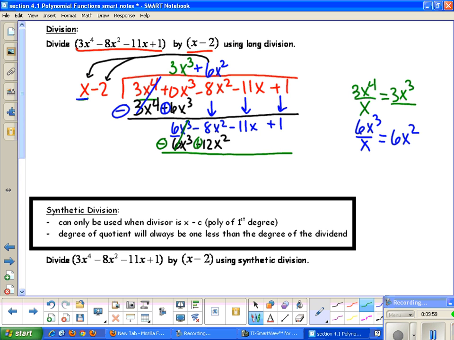And then for the next part, when we do negative 8x squared plus 12x squared, that gives me 4x squared. And then bring down your terms. And then I'm going to erase the arrows that I drew there, because now we're going to do the next one.